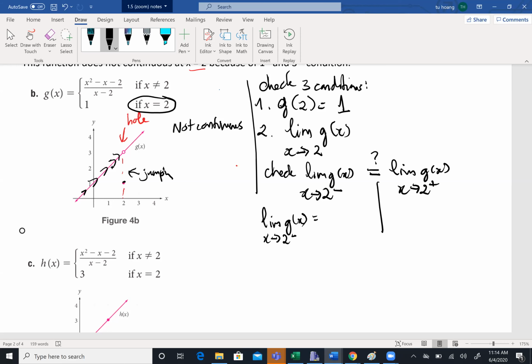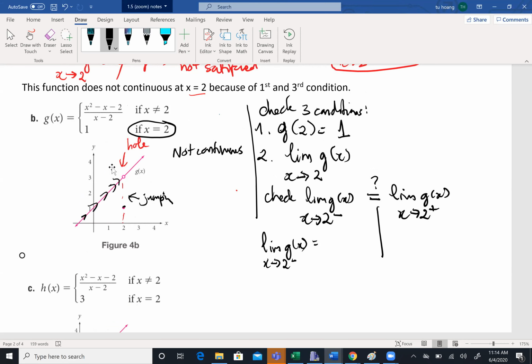Right. So I will apply this part of g(x), because in this case x is not equal to 2. It just goes from the left to approach 2. Okay, so I still can apply that one.